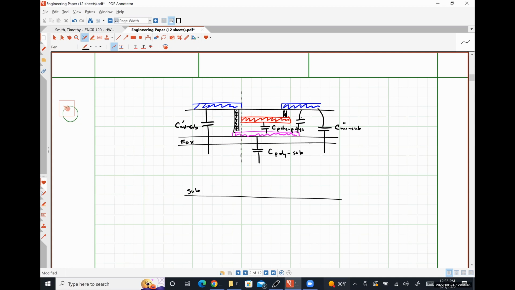You could calculate it, and I bet it'd be somewhere on the order of 5%-ish, depending on how wide you made your run and all that kind of stuff. But when you're talking about a bottom plate capacitance that's always going to be at least 10% plus, the larger you make your capacitor, the larger that is, and then taking into account all of the contributions of the other things that are compiling on top of that because they show up as electrically in parallel.